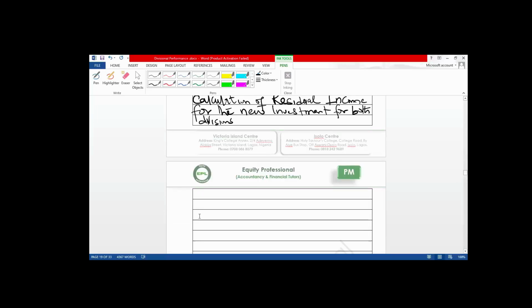What is the formula for residual income? Residual income is equal to your operating profits, profit before interest and tax, minus imputed interest charge.